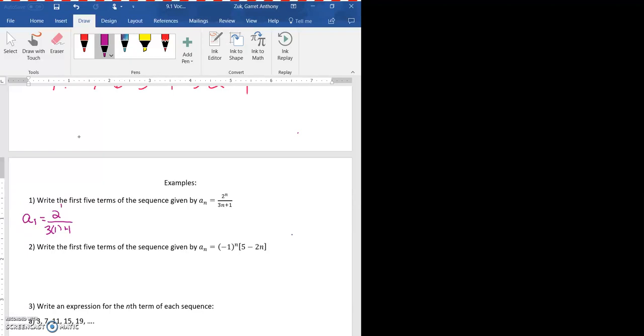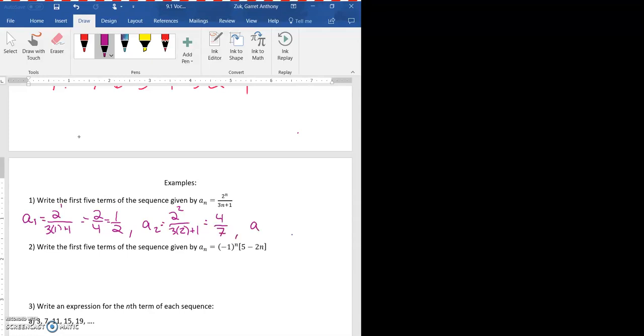That's just 2 over 4, which equals a half. Now let's look at our second term. That's going to be 2 squared over 3 times 2 plus 1. So that's 4 over 7.